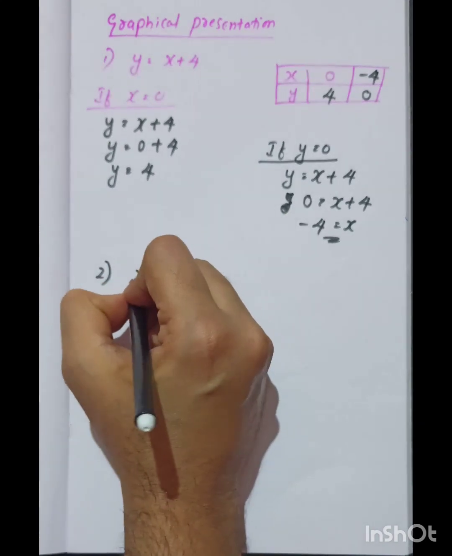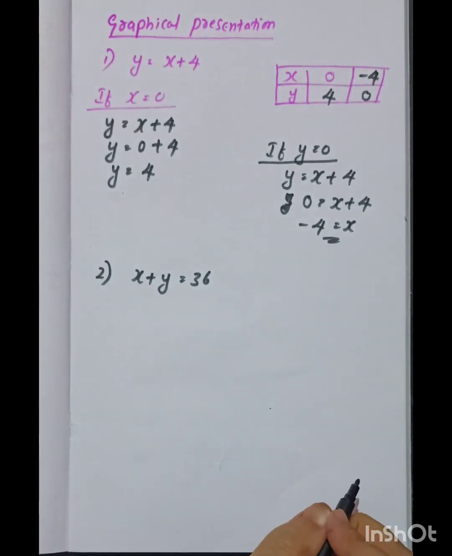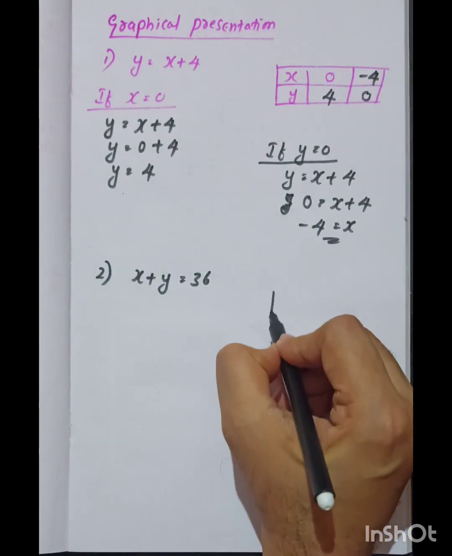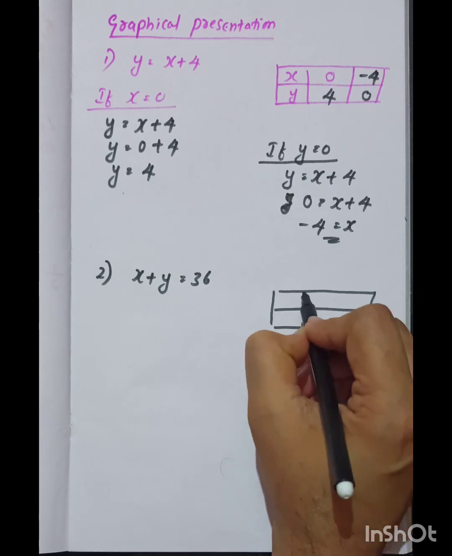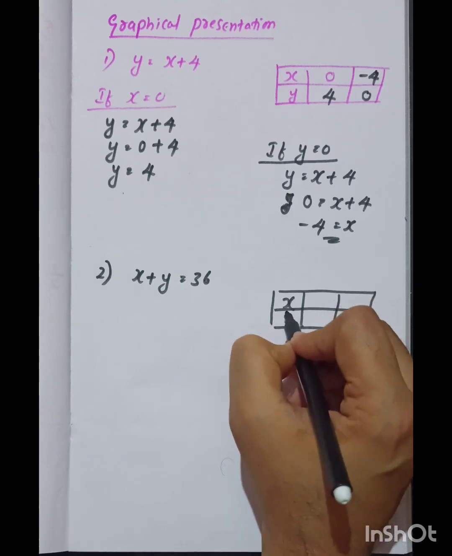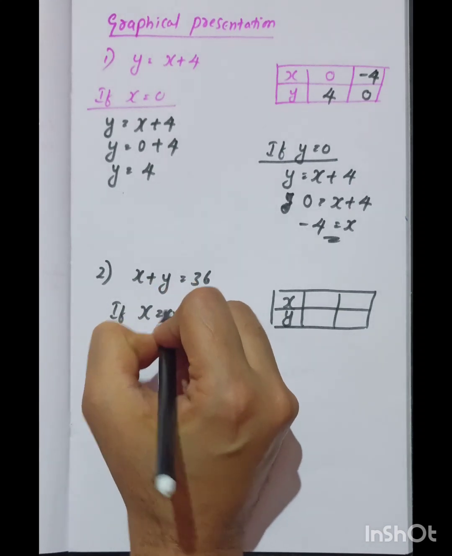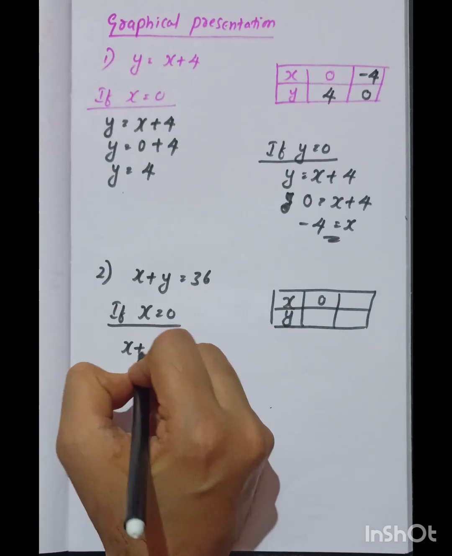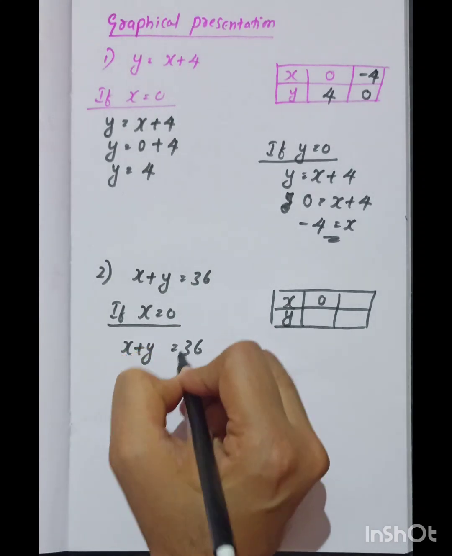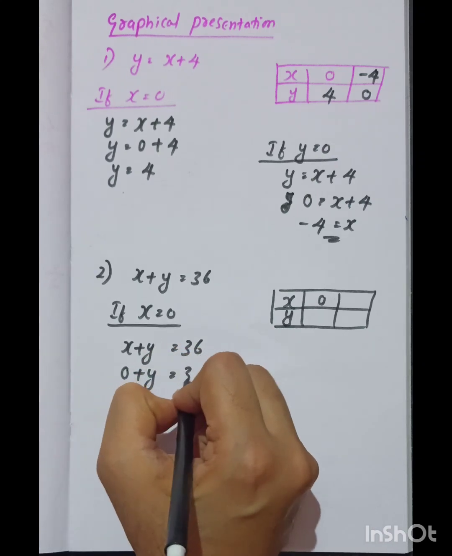The second equation we got is x plus y equals 36. Draw the table. If x equals 0, x plus y equals 36, x means 0, then y equals 36.